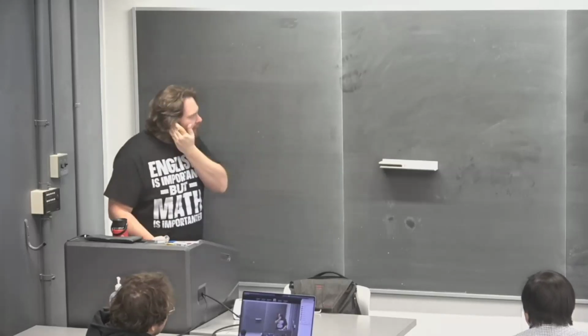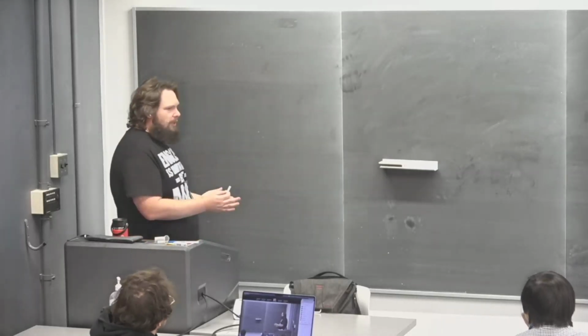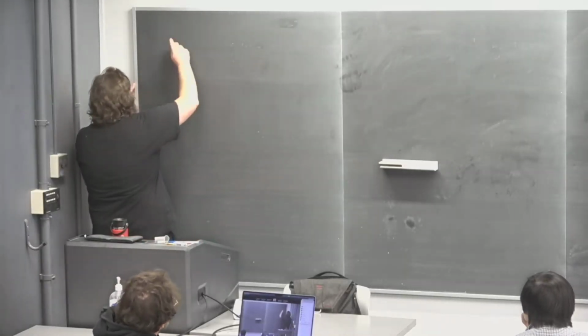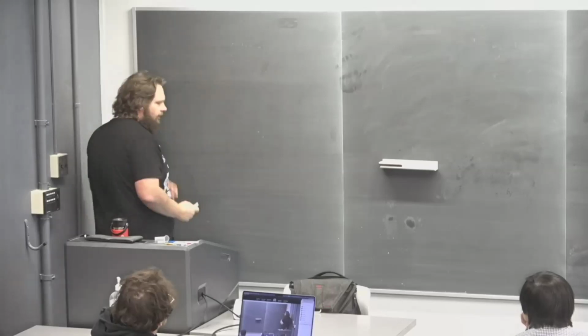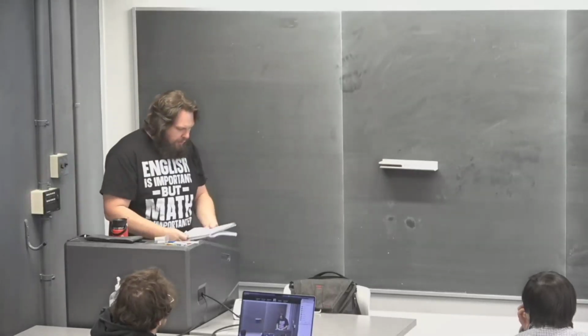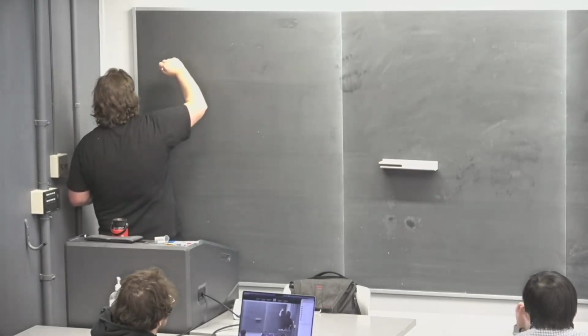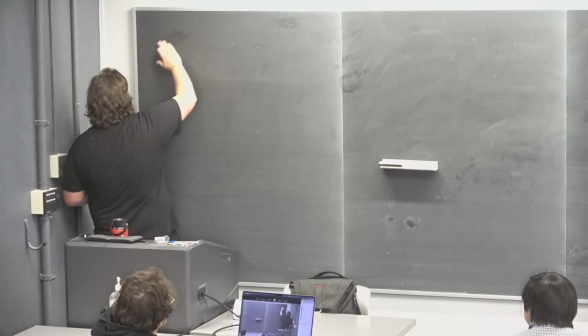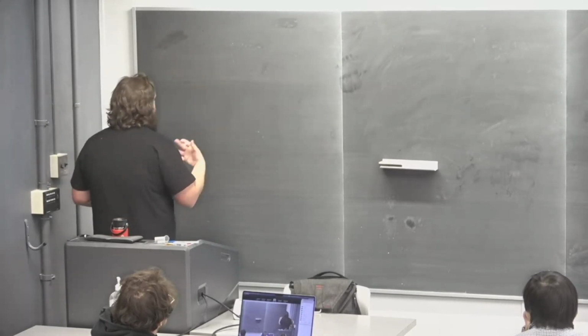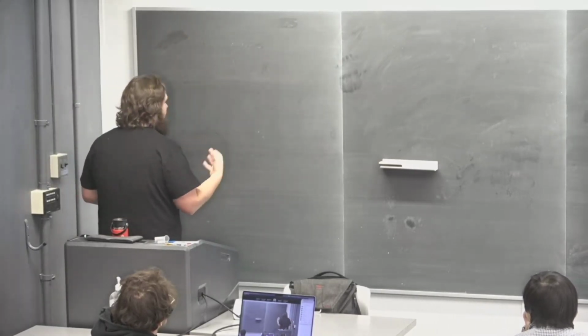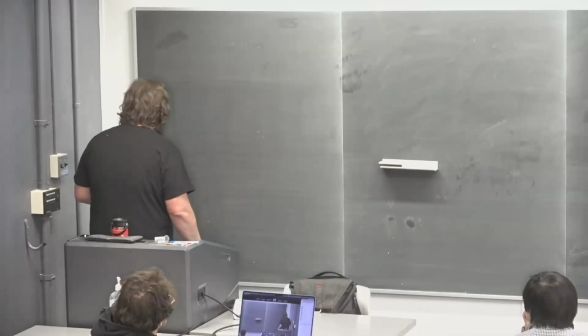So last time we were talking about curves, and in particular, we were talking about how you could test whether line bundles on curves are very ample, which of course is testing whether the curve is projective.